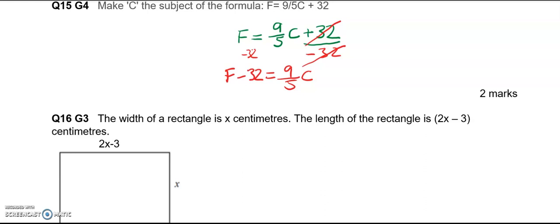So nothing has changed. So what we have now is F minus 32 equals 9/5 of C. What we want to do is to make C the subject. So that means that I want to have just C on its own on one of these sides. So I need to get rid of 9/5. So C has been multiplied by 9/5, 9 divided by 5.